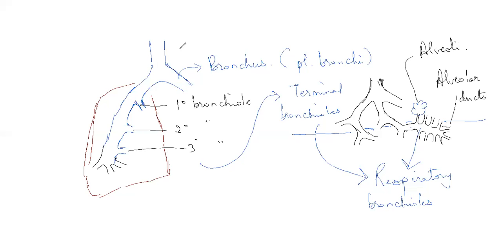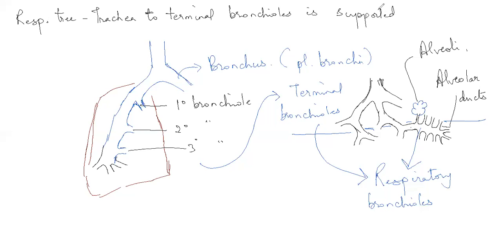Now this respiratory tree is a tree-like structure. This respiratory tree, from the trachea to the terminal bronchioles, is supported by cartilaginous C-shaped rings.